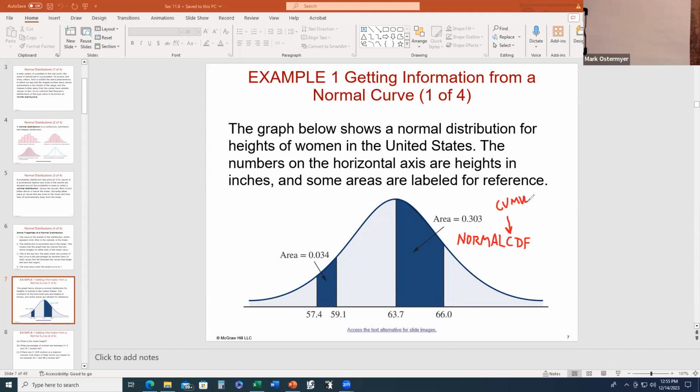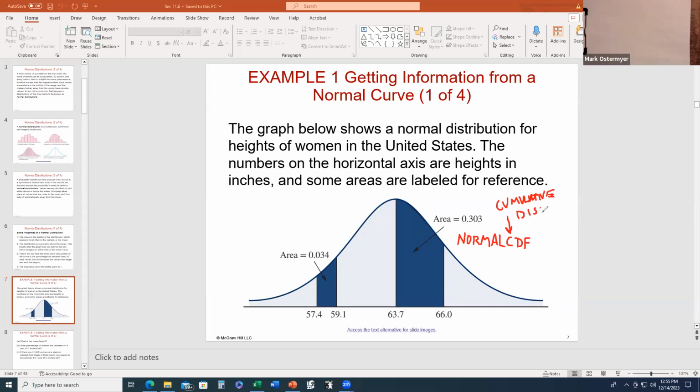What does it mean to cumulate or accumulate? This is the cumulative, C-U-M-U-L-A-T-I-V-E distribution function.